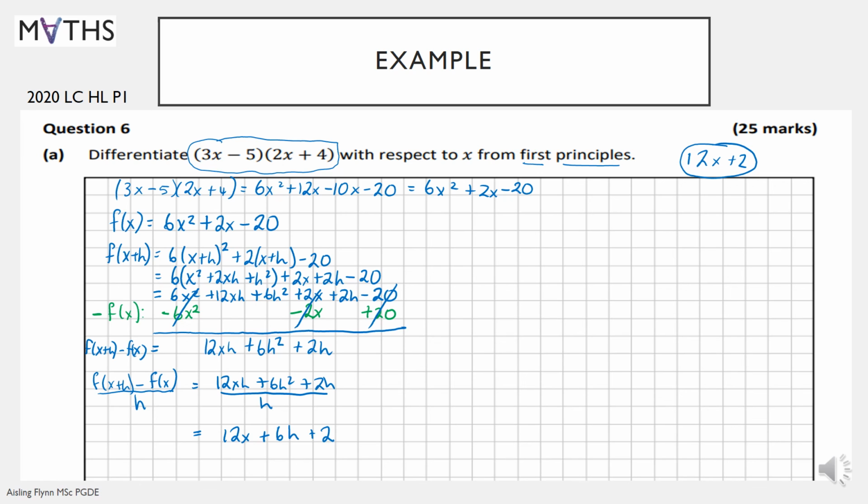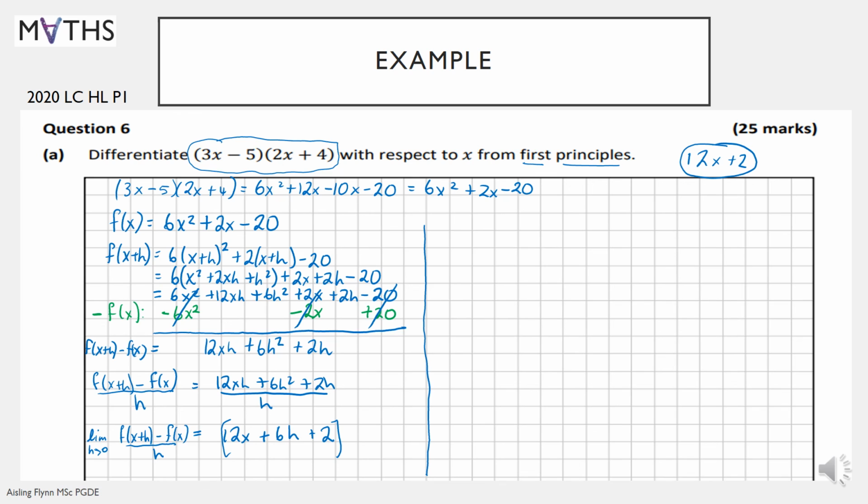Now the method requires us to get the limit of this. So the limit as h goes to 0, remember we're making that distance closer to 0, of the expression we just got, f of x plus h minus f of x over h. What happens to this when we make h closer and closer to 0? Well, we have to get the limit of this.